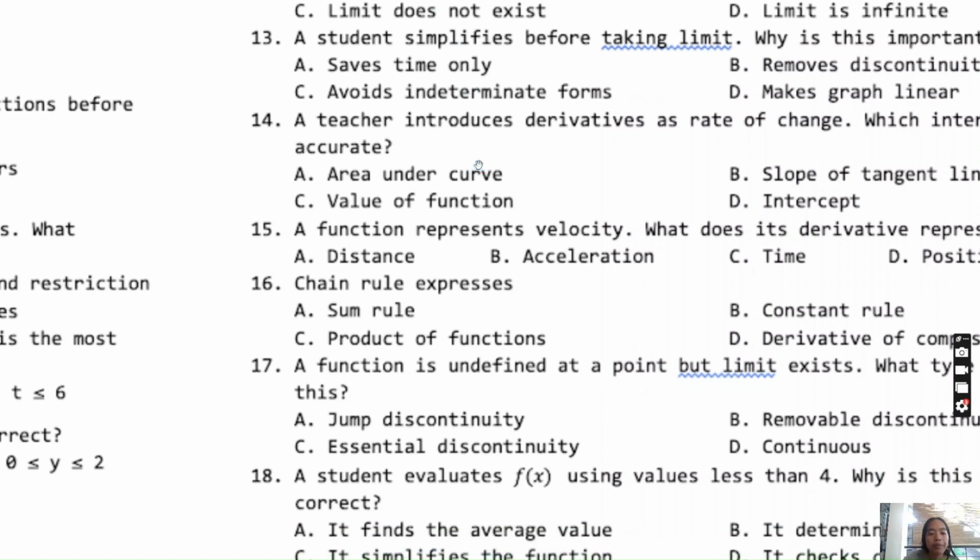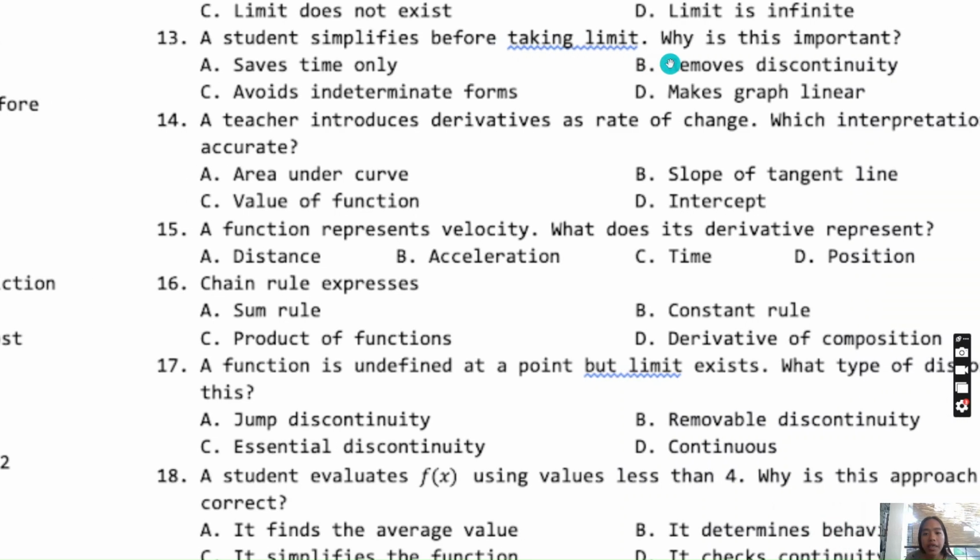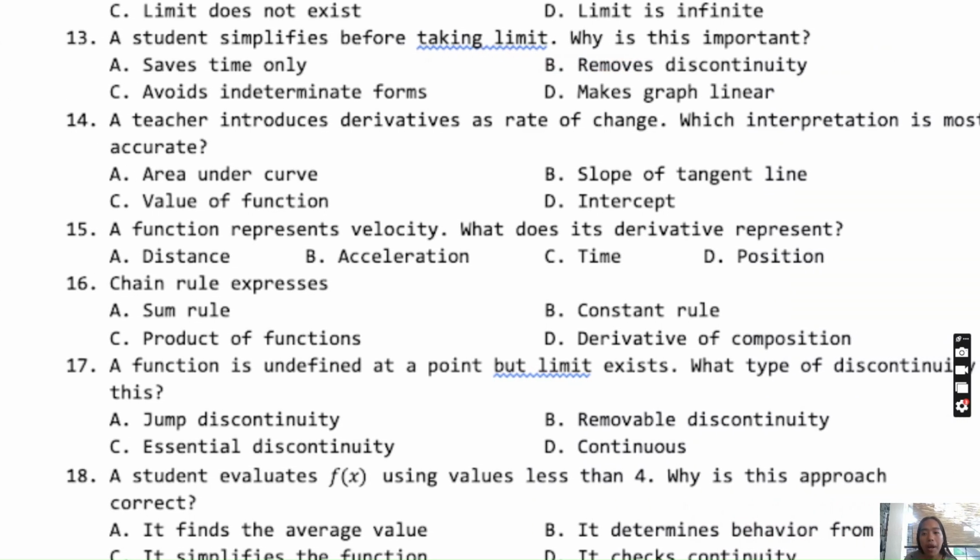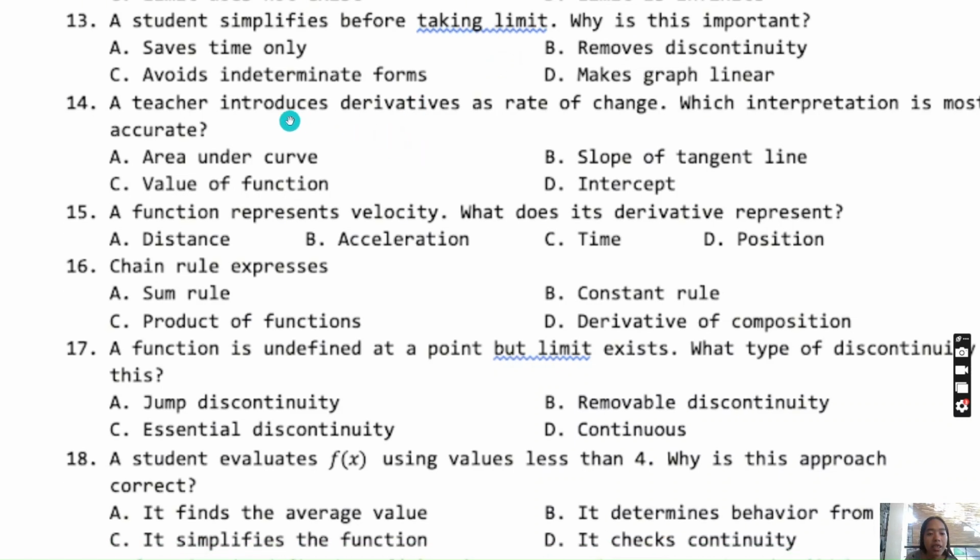So we are now in number 13. A student simplifies before taking limit. Why is this important? So the answer is avoids indeterminate forms, because if you don't simplify a function, there is a bigger tendency that your function will become indeterminate, so it will become undefined.